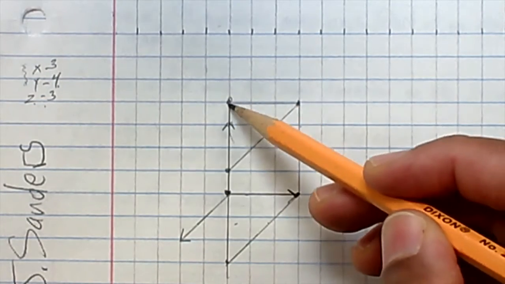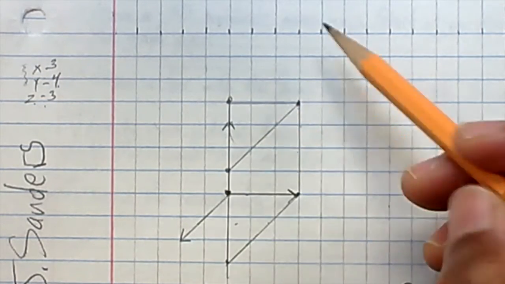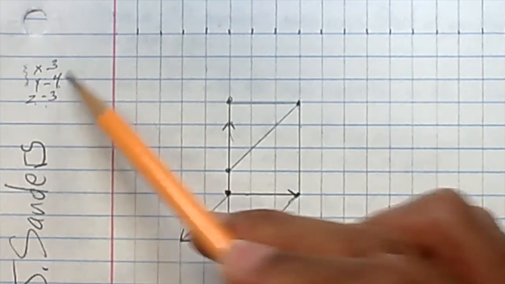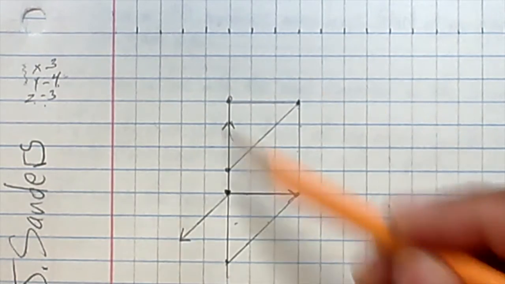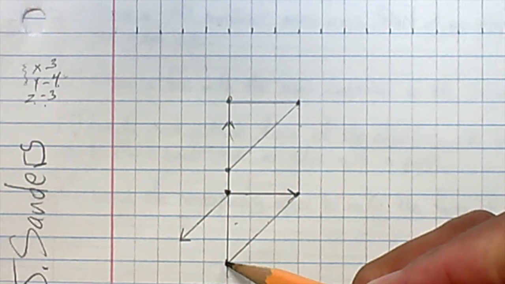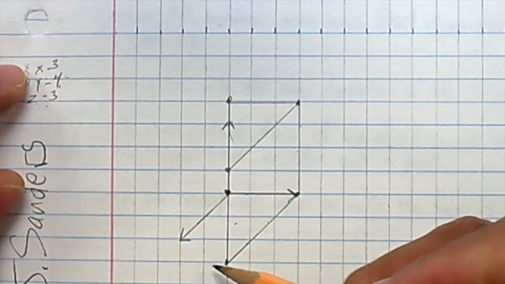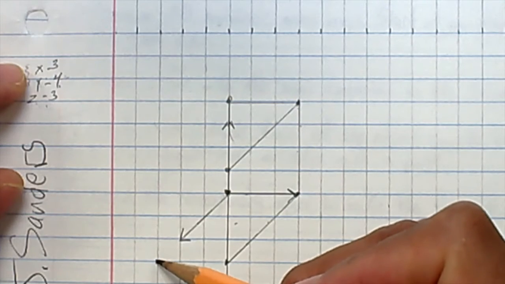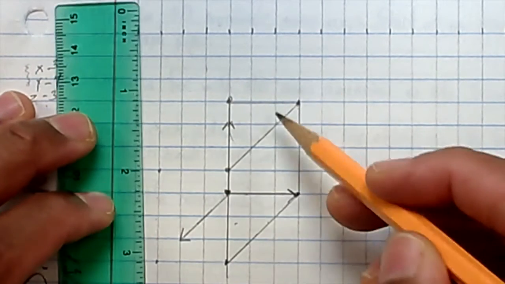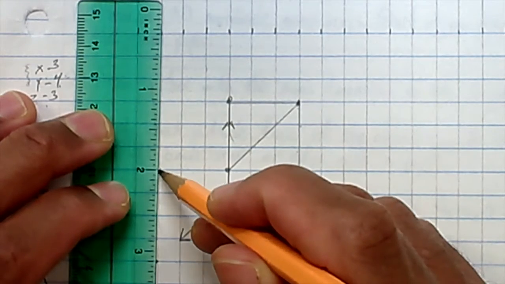Again, we could have started at any corner of the XY plane. It does not matter as long as we stick with the same dimensions. So now I have two sides of my box. I'm going to draw the front XY plane, which again I'm going to start here, and go 1, 2, 3 in the X, and 1, 2, 3, 4 in the Y, which is the same dimension as the back.